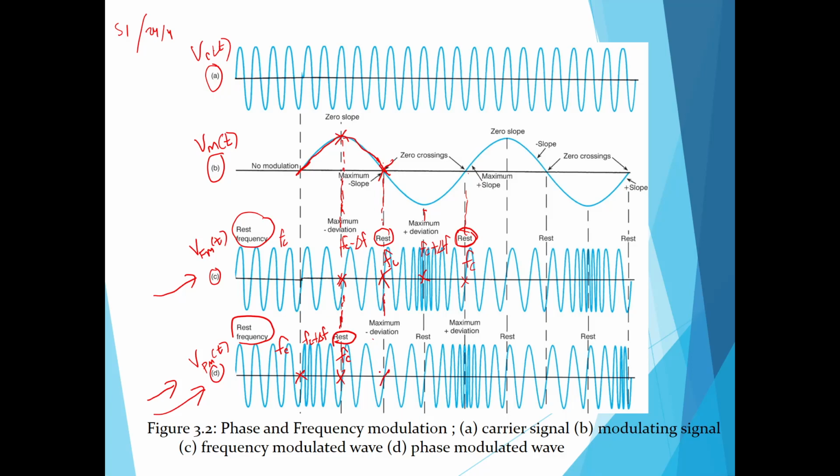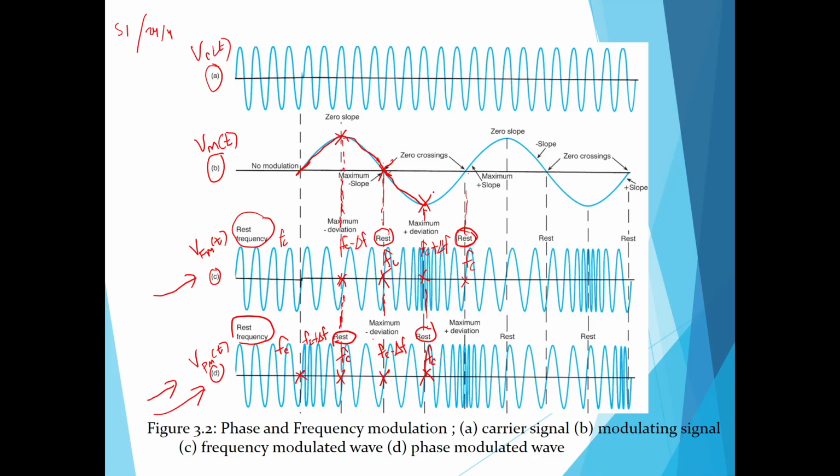The carrier frequency at this point would be minimum, which is Fc minus delta F. Then the input message signal moves from zero crossing until it reaches the maximum negative peak. What happened at the output? The output would be at rest frequency, and at this point the carrier would be at frequency Fc.